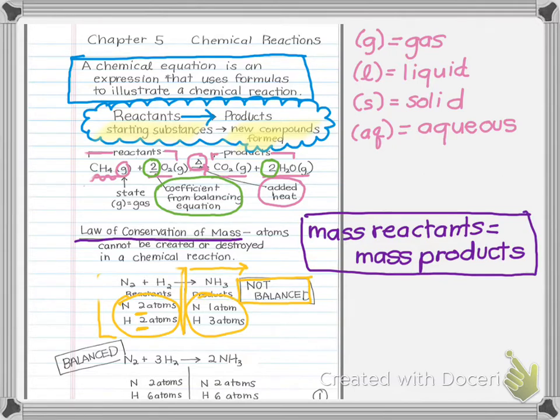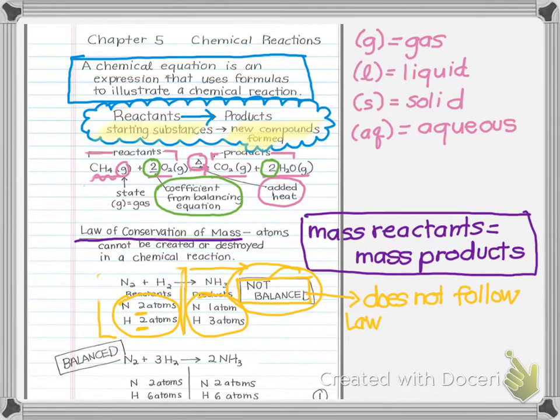So it looks like miraculously one of the nitrogens turned into a hydrogen, which in a chemical reaction cannot occur. So what we consider is that this equation is not balanced. When it's not balanced, how it's written, it does not follow the law of conservation of mass.